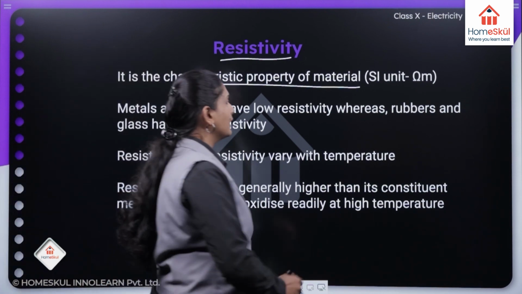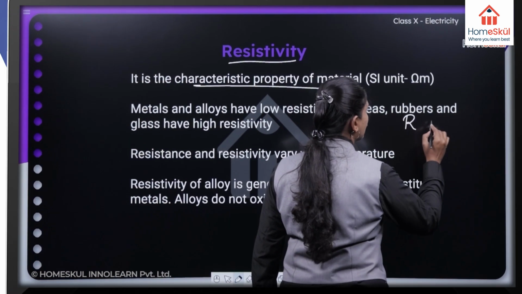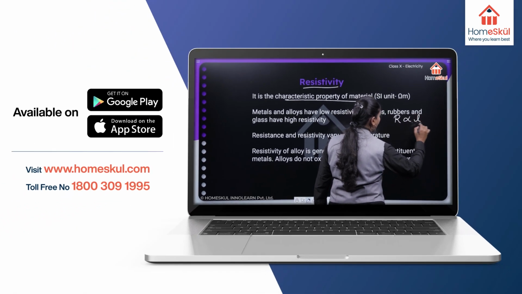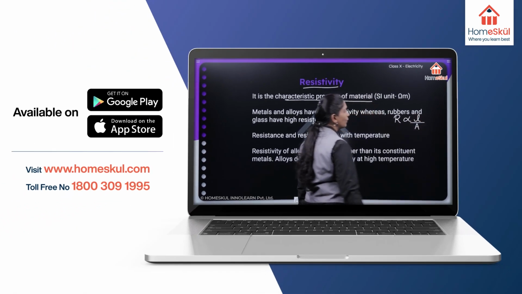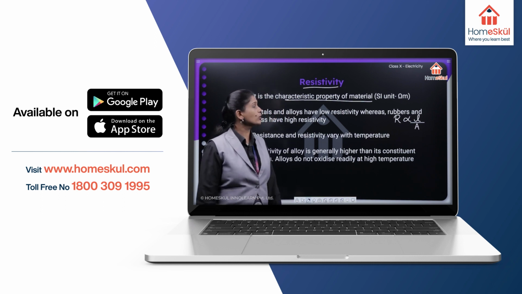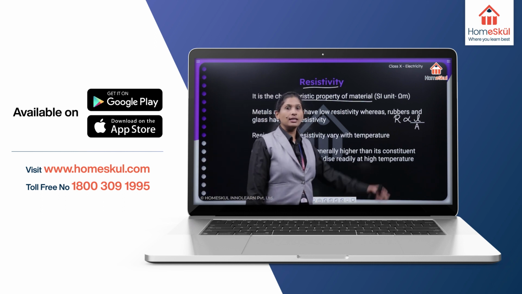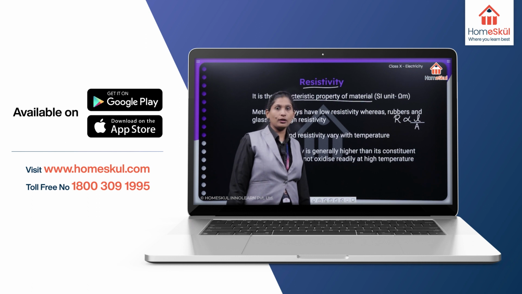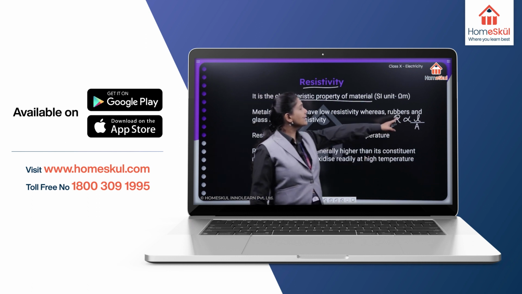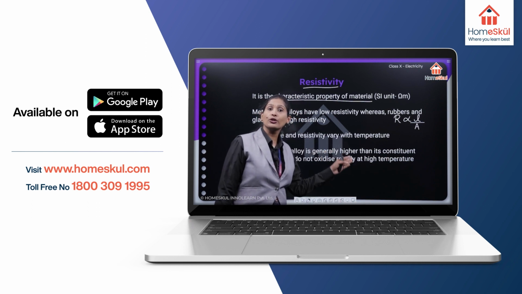Just now we considered that R, the resistance, is proportional to L and inversely proportional to A, and thereby we have R is proportional to L by A, isn't it? This is the relation that we got. Since there is a proportionality, you have to introduce a constant.